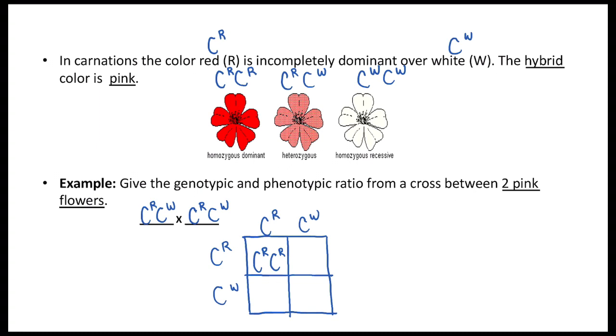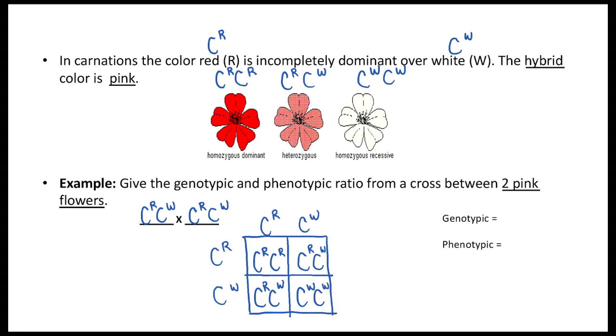And then the second box on top is CR from the side parent, CW. I'm writing it still in order of what would be dominant. So CR is dominant to CW. The bottom set, CR CW again, and then the last one will be CW CW.